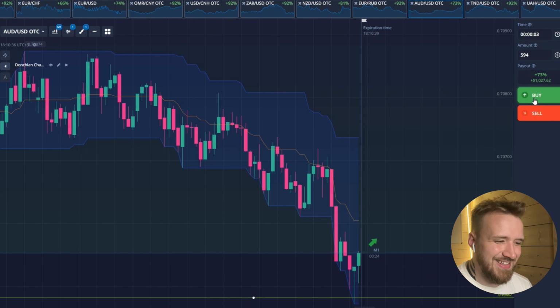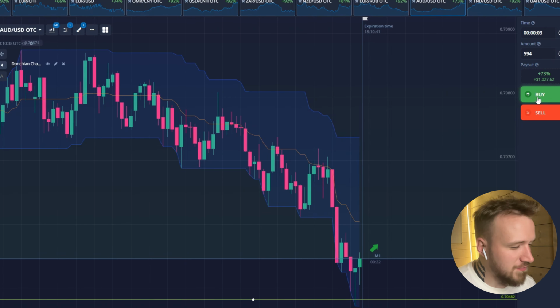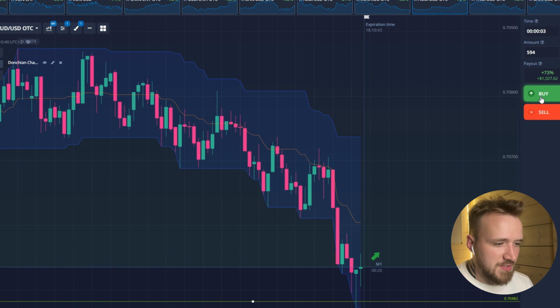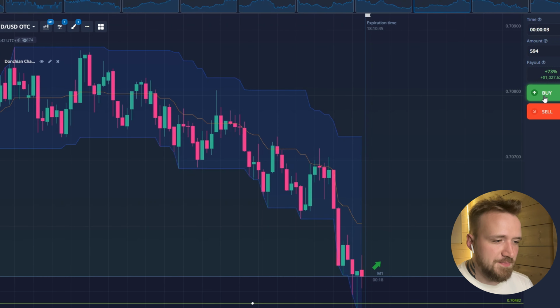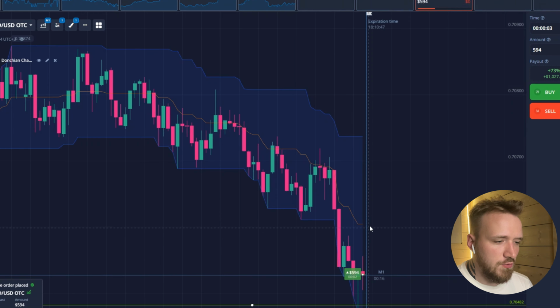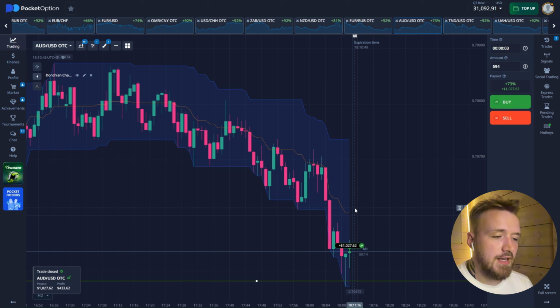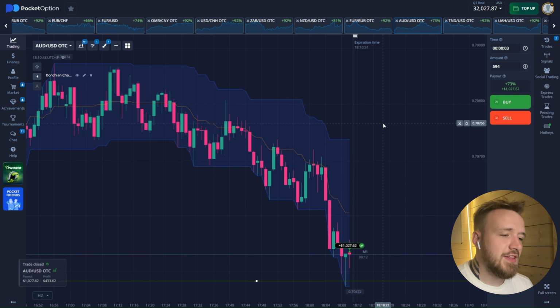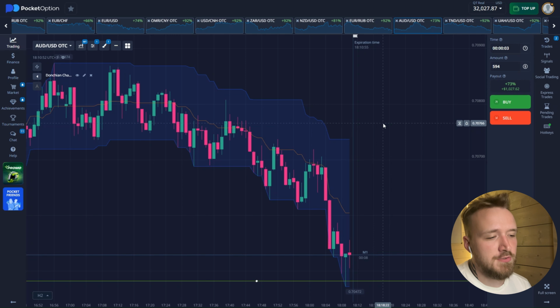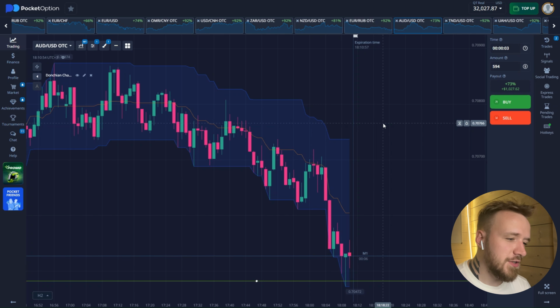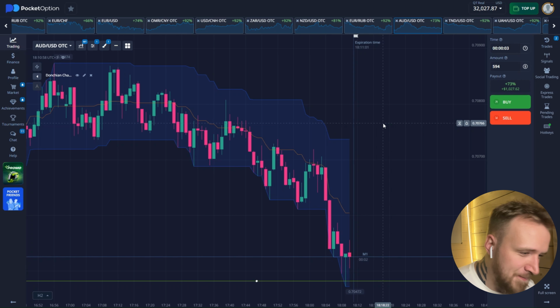Also, let's open one more position for 594. Let's wait for a minor downward pullback and open in the opposite direction. And we lock in profit again, $32,027 on the balance. That's how trading goes. As always, my signature recovery of a setup where we couldn't make money initially.